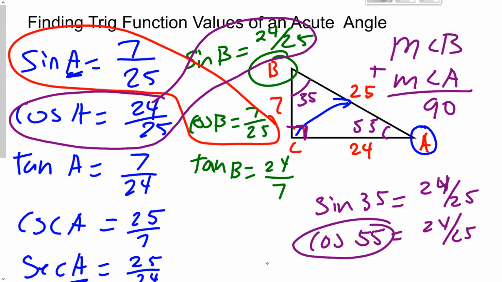And I can rewrite this as cosine of 90 minus 35, right? Because 90 minus 35 is 55. I can rewrite 55 as 90 minus 35. And that's what you'll see later on as we talk about cofunctions, and that's going to be in the next video. Okay, so let's go ahead and do the homework problems.